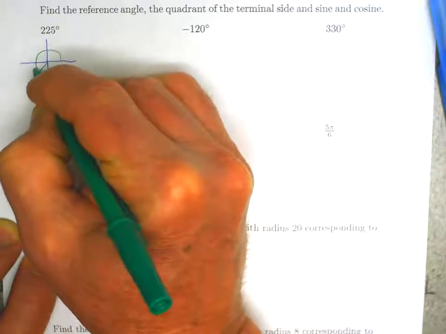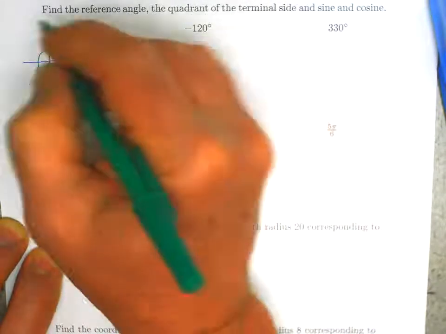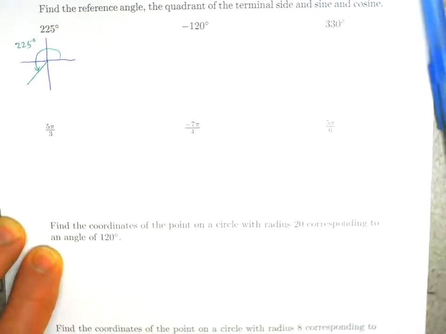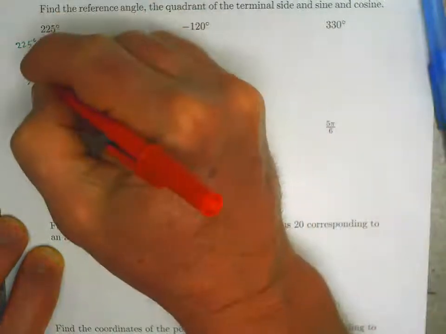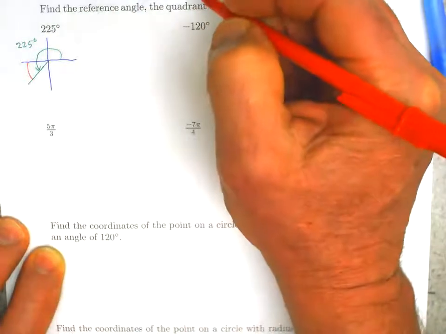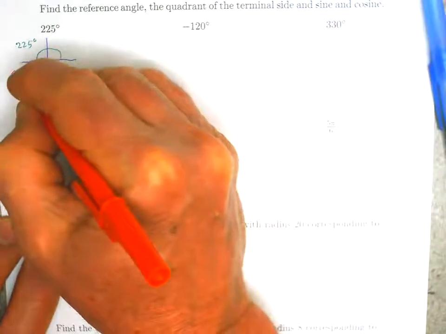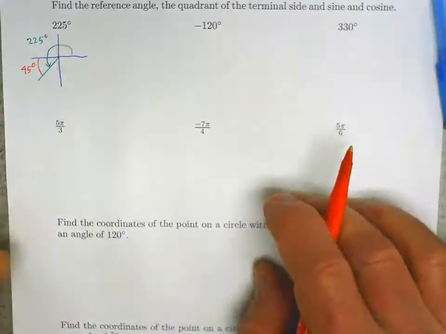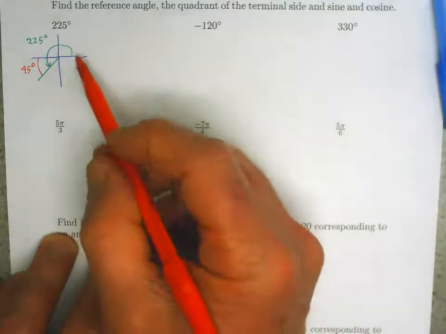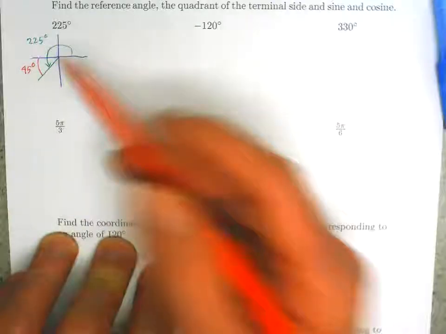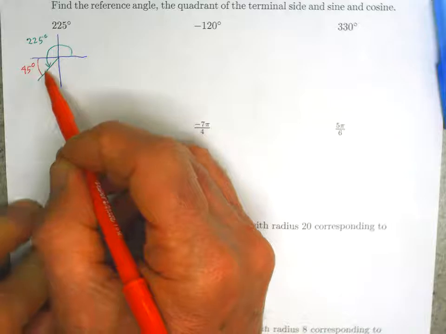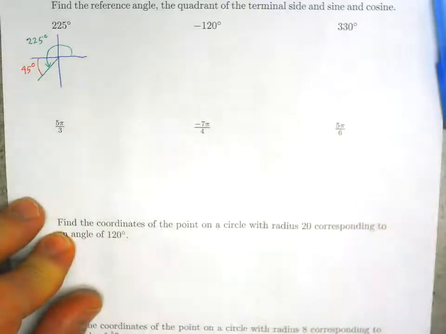So there is 225 degrees. The reference angle is 45 degrees. And since 225 has a terminal side in the third quadrant, both cosine and sine are negative.